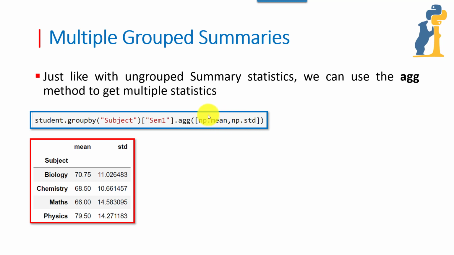Here you write mean to get the average score and std to get the standard deviation of semester 1. You will receive subject, biology, chemistry, math, physics, and then you will receive the average score and the standard deviation of the column semester 1.